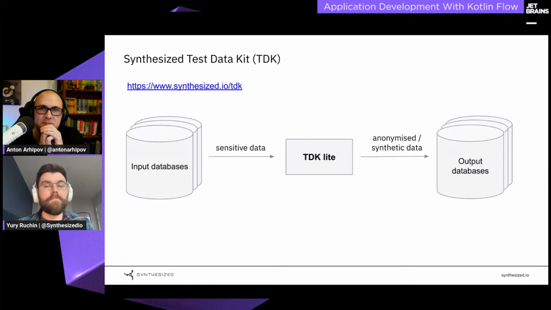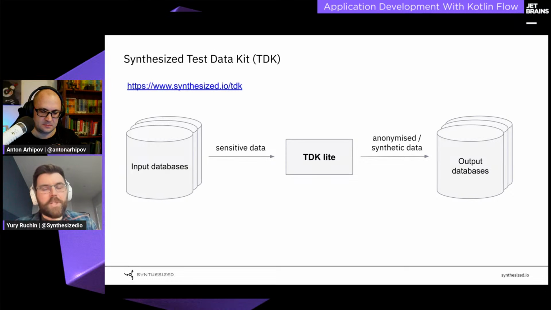We need certain instrumentation applied on top of the production data to make it not sensitive, to remove the sensitivity. But at the same time, we need to preserve the utility of the data, because it's very simple to produce gibberish and fill the output database with it.